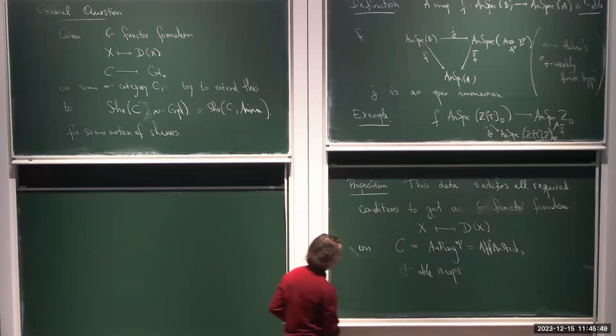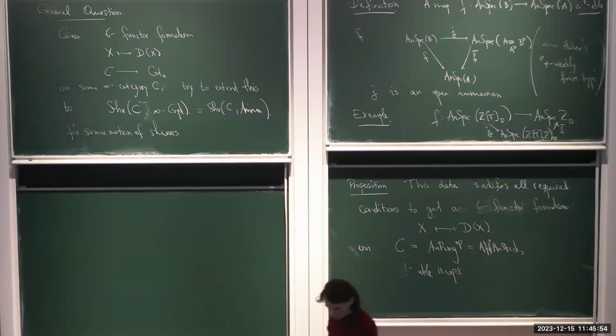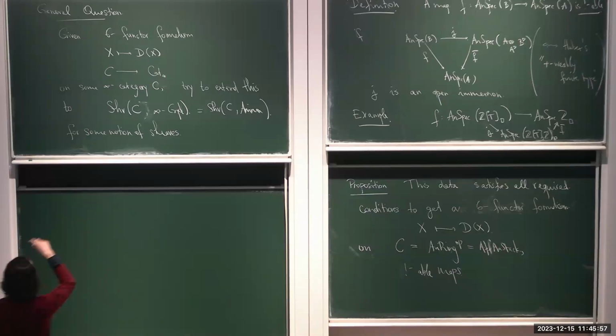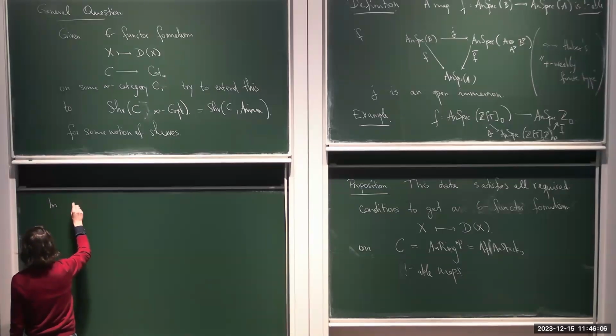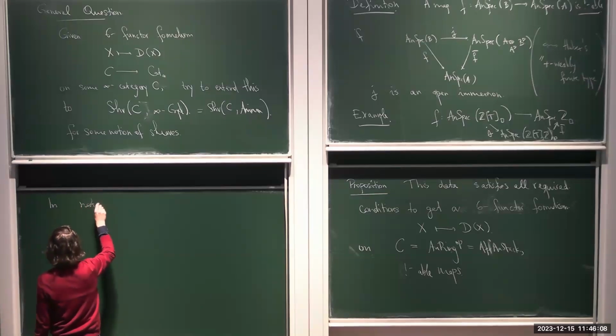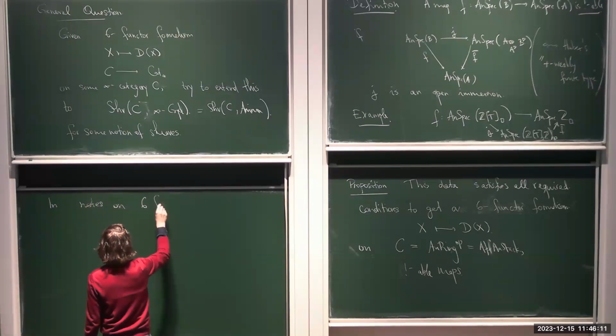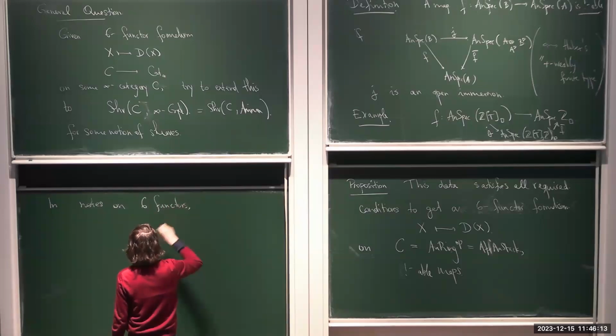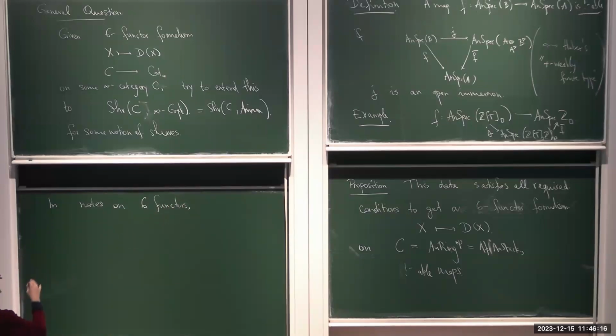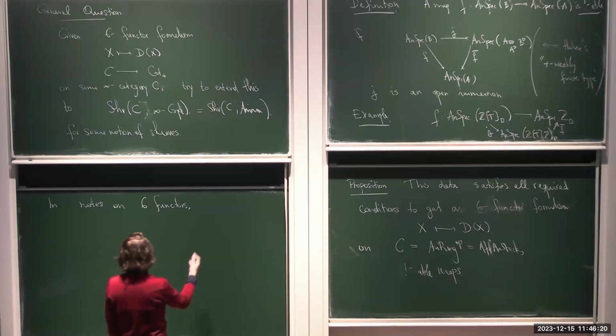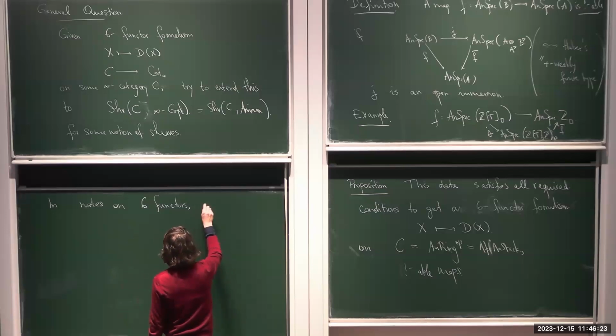Some of this was also used by Lucas Mann in his thesis, slightly rephrased, and when I gave the course, I again slightly rephrased what they did. So in these notes on six functors, I tried to analyze this question and pin down what the best Grothendieck topology is.